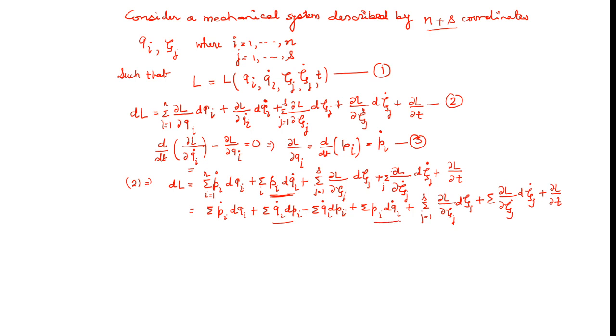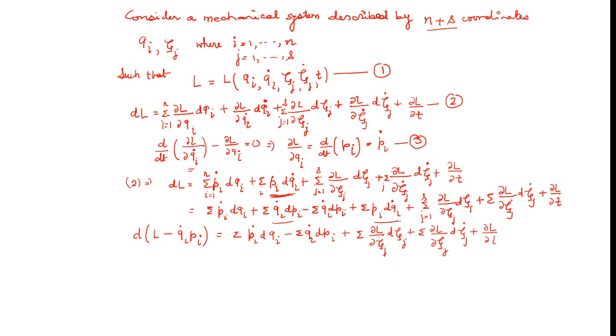This is the total derivative of qi dot pi, and take it to the left hand side: d of L minus qi dot pi equals summation pi dot dqi, then minus summation qi dot dpi, plus the rest of the terms: delta L delta zeta j d zeta j, delta L delta zeta j dot d zeta j dot, delta L delta t.